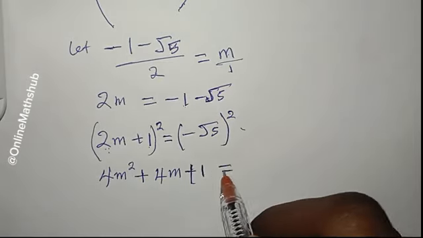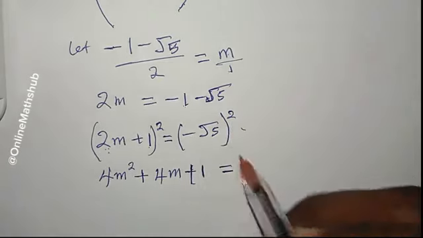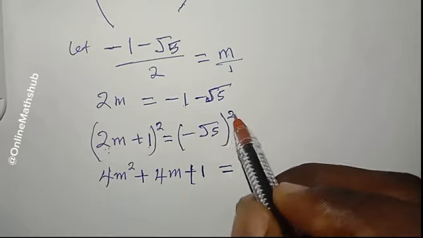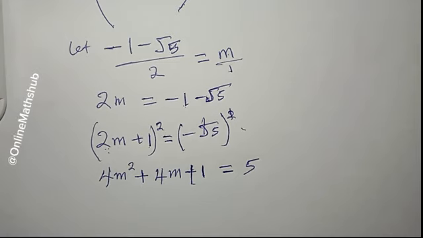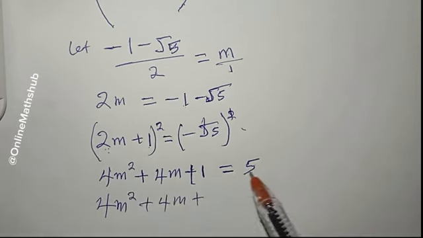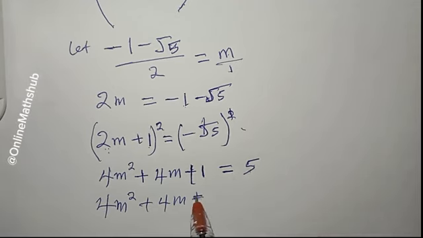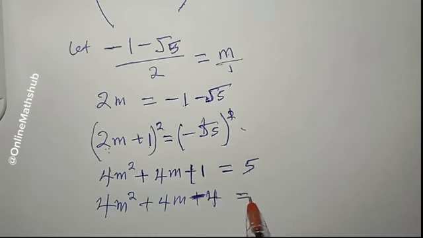The right side is root negative 1 here, which is positive, and the square root cancels the square, so I'm left with 5. Next I bring this 5 to the left hand side. So I have 4m squared + 4m + 1 - 5, which gives negative 4, and this is equal to 0.